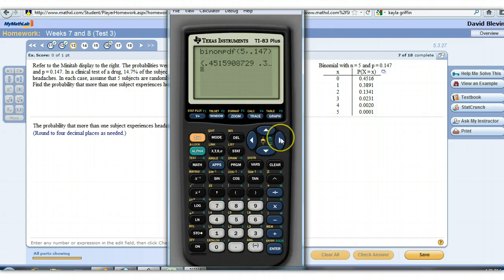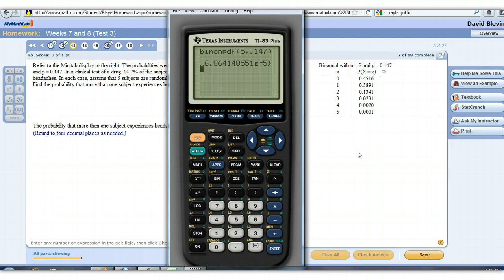Right? The 0.4516, 0.3891, alright, 0.1341, 0.0231, 0.0020 to 4 places, and then the last one, remember e to negative 5 means there's 4 zeros, but since the next one is a 6, 8, and we're rounding to 4 places, it would round it up to a 1 there.